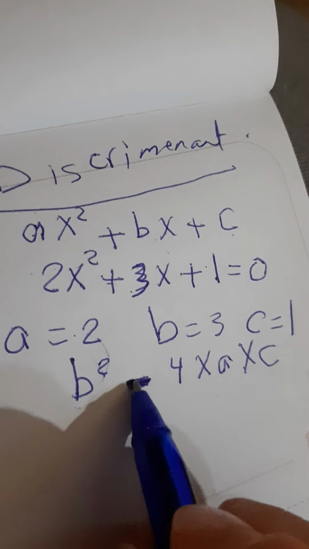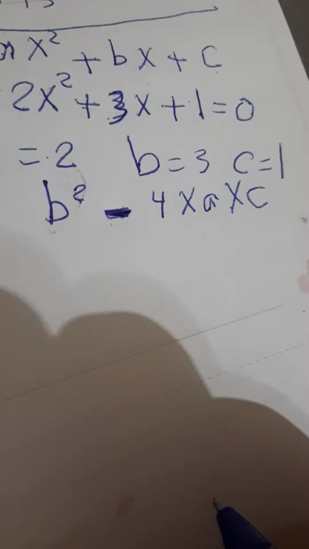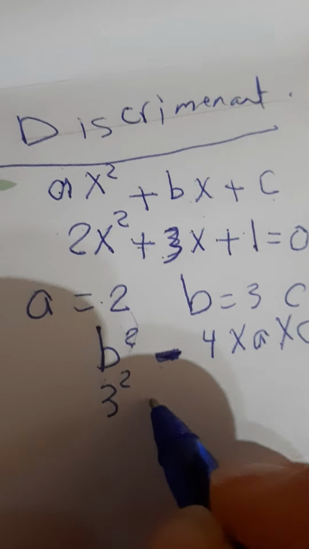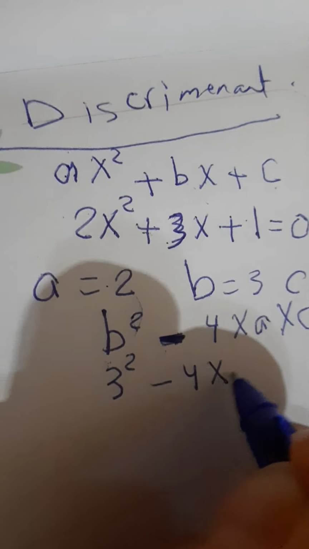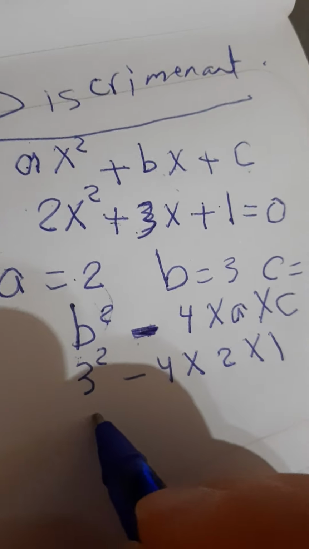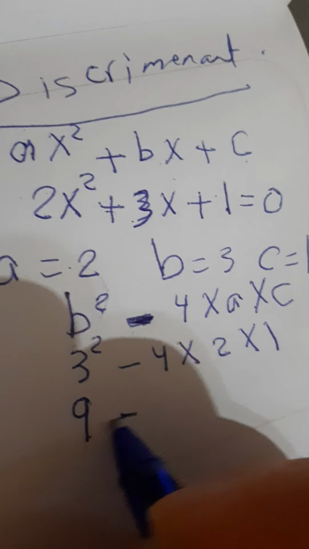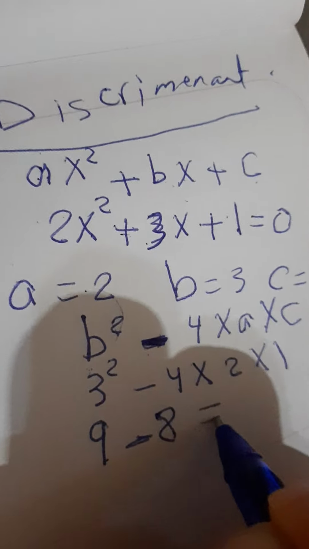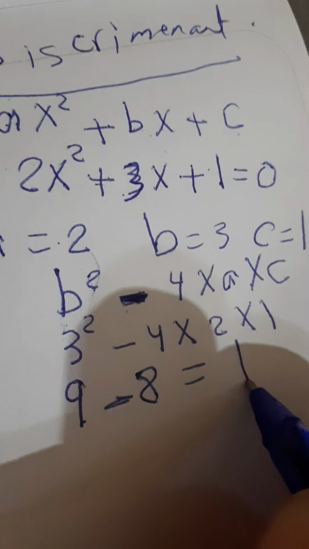It is like a border, used at the last step, okay? 3 squared minus 4 times 2 times 1. 3 squared is 9, 3 times 3 is 9, 4 times 2 is 8, times 1 is 8. 9 minus 8 is 1.